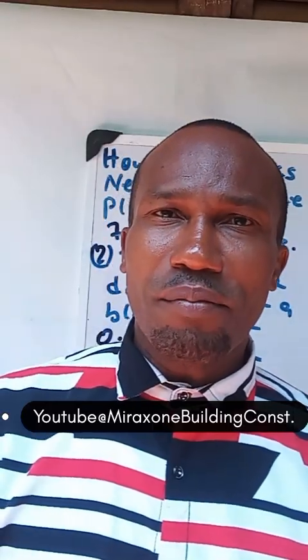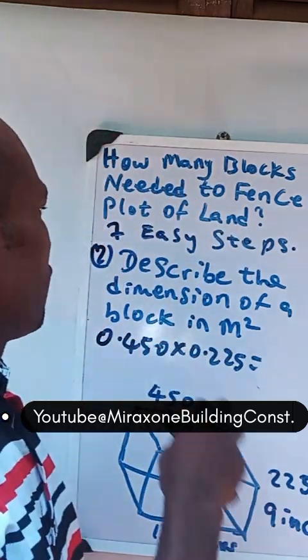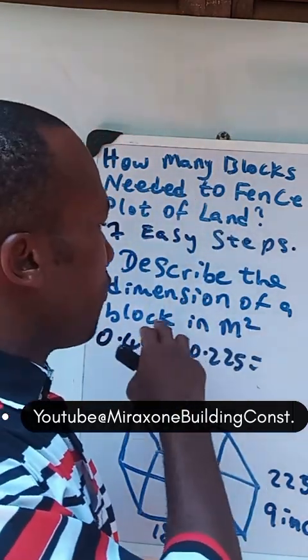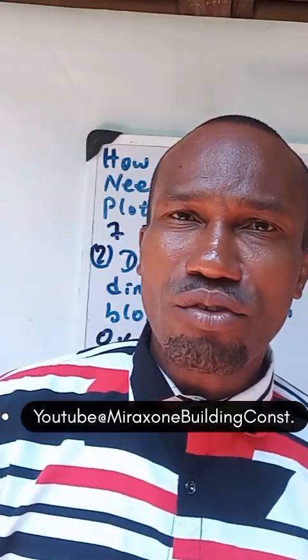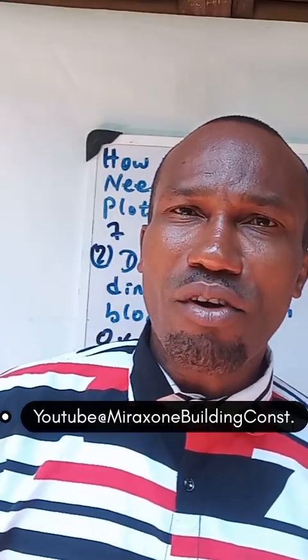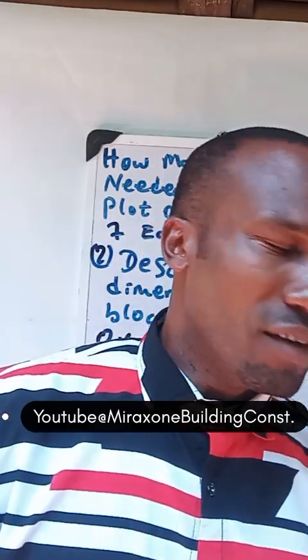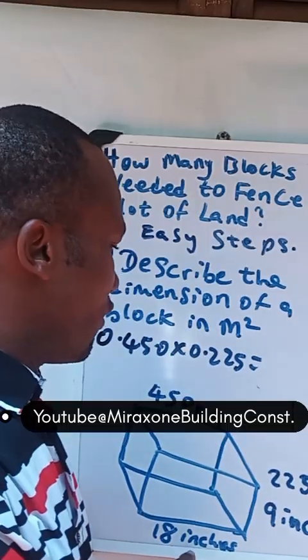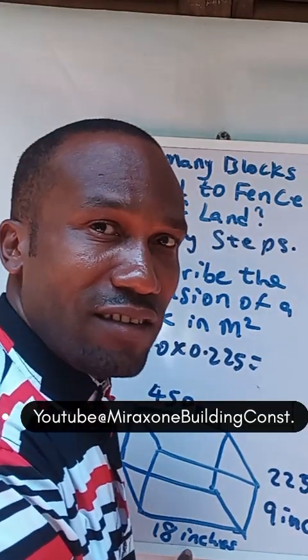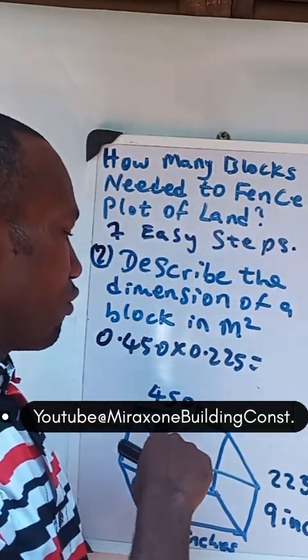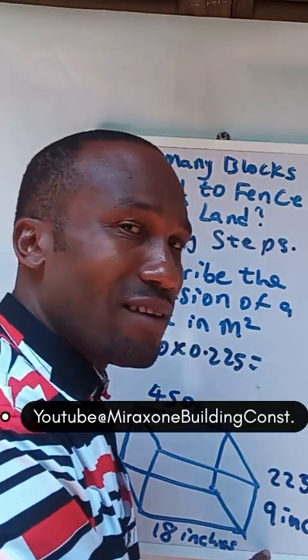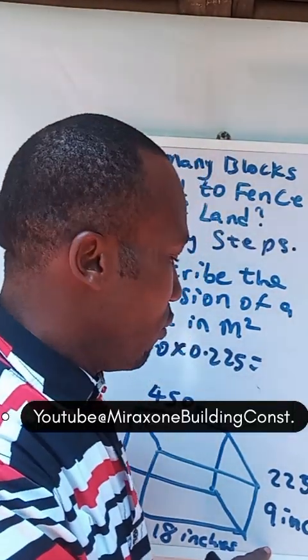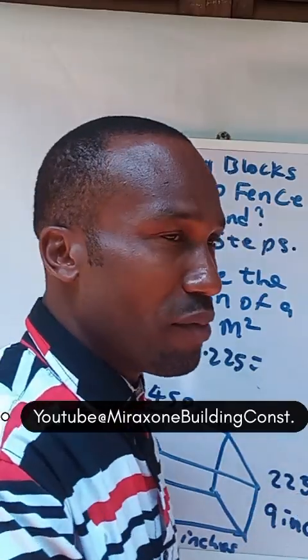The second step is to describe the dimension of the block in meter square. In this part of the world, the dimension of the block we are using is this: the length is 18 inches, which is also 450 millimeter. The height is 9 inches, which is also 225 millimeter.